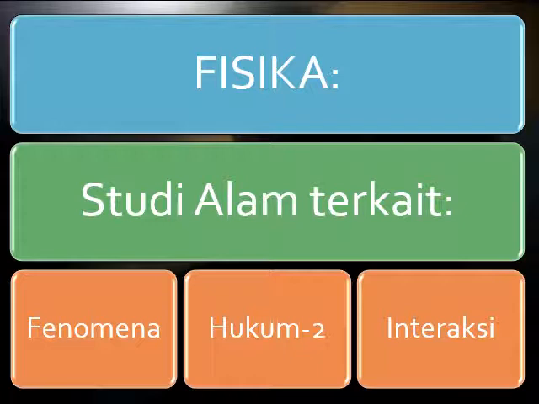So physics can do this. After philosopher, we have science, we have physics, and after physics, we have the branches of all the sciences: chemistry, biology, computer science, engineering, and so on. So that's why physics is called the father of science.